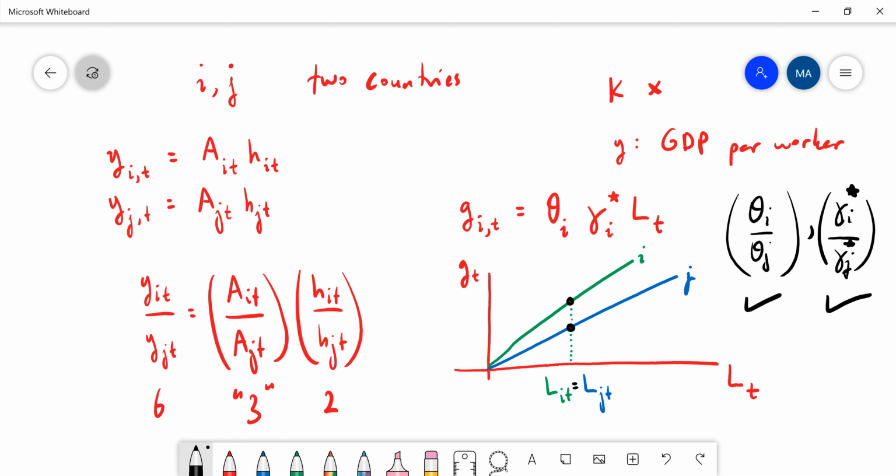Or if you draw this graph for this variable on the horizontal axis, you will see again diverging figures. Why? Because still thetas are different.